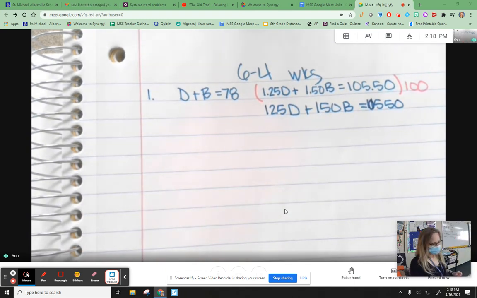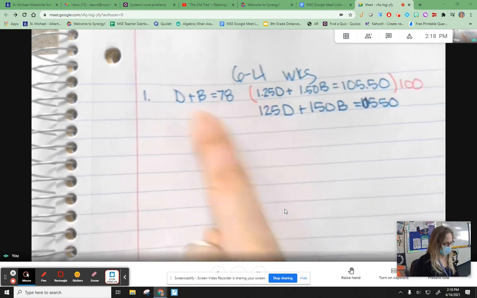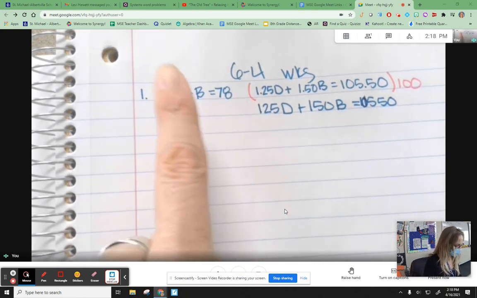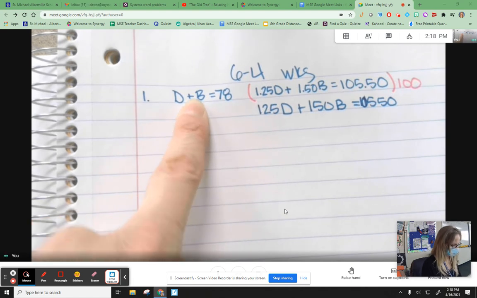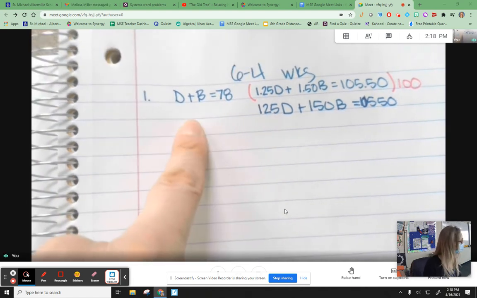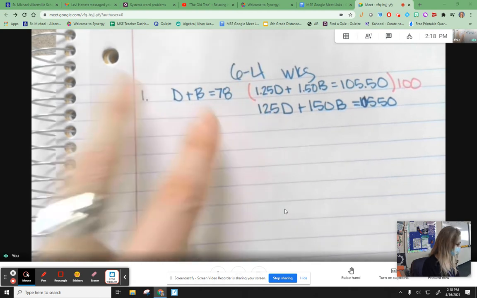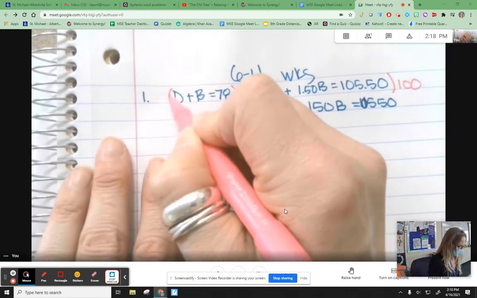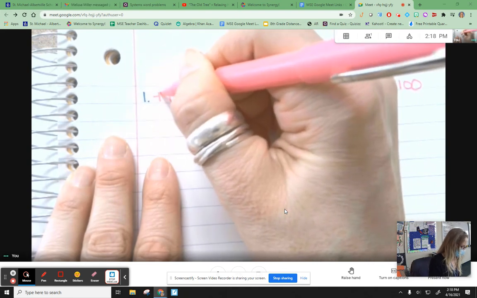All right, now this one, I need to create that set of opposites, remember? So I can multiply this equation by 150. I can multiply this equation by 125. I just need to create that set of opposites. I might go negative 150.